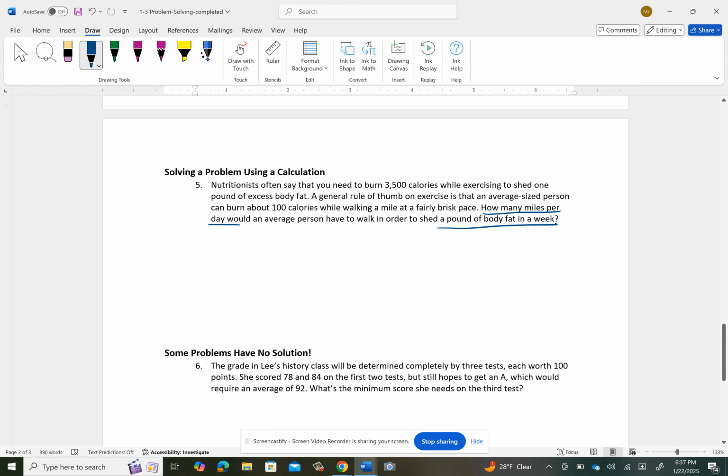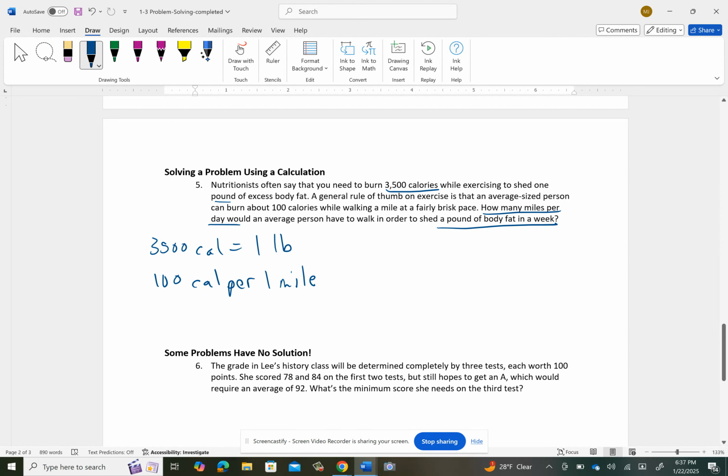So 3,500 calories is 1 pound. I'm just going to jot down a few things so I can keep it in my head. Equals 1 pound of body fat. 100 calories every mile. Okay.